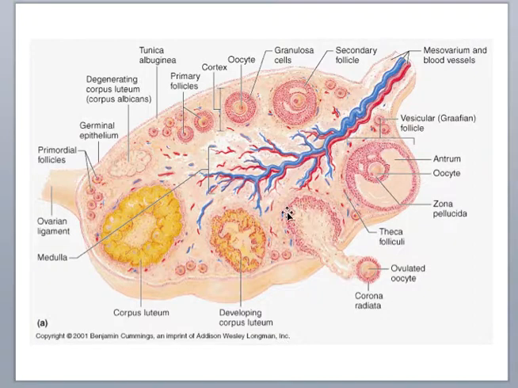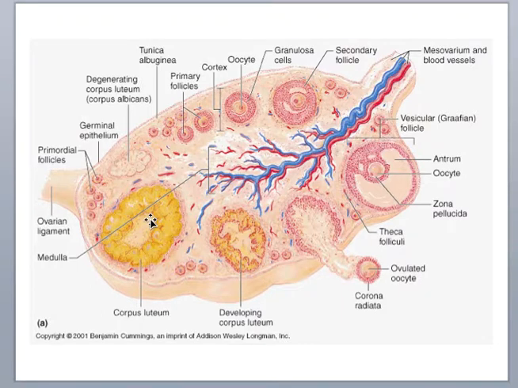And then this is showing the Graafian follicle rupturing. There's a huge buildup of hydrostatic pressure due to all this fluid, and it's like a little pimple popping. Then the oocyte with its zona pellucida and corona radiata gets released into the fallopian tubes for possible fertilization. All of the follicular cells that are left behind develop into a corpus luteum.